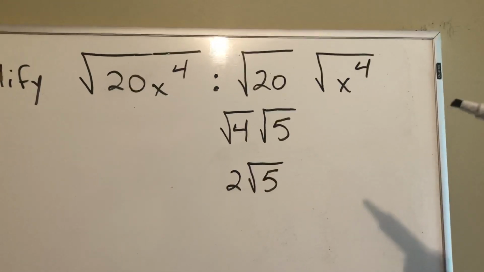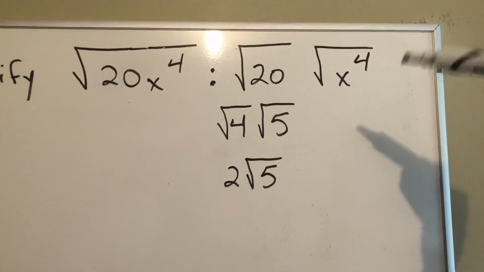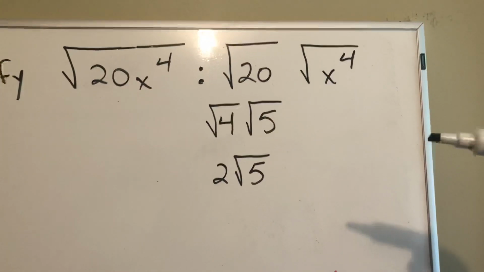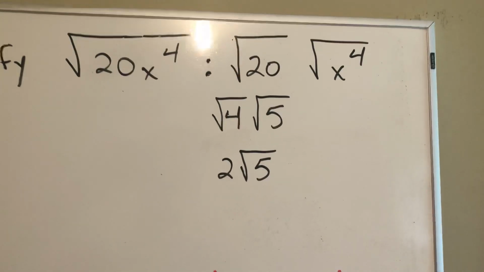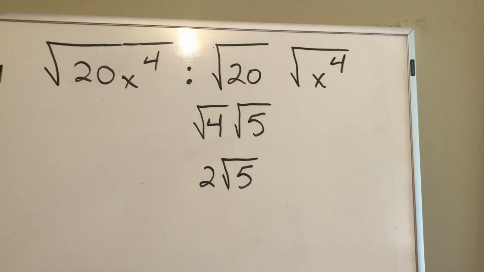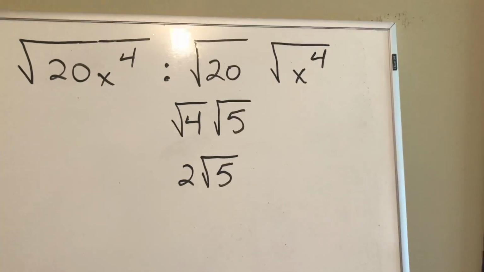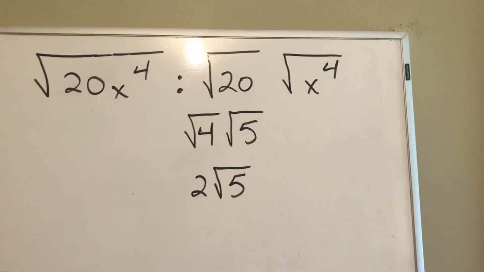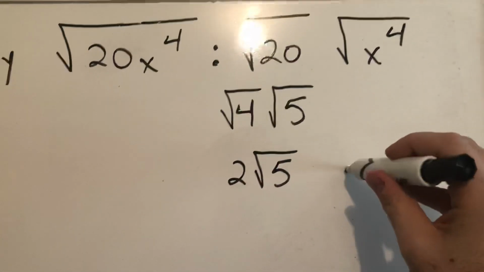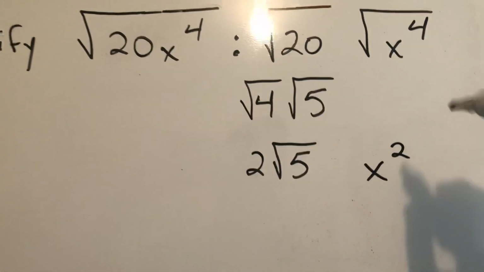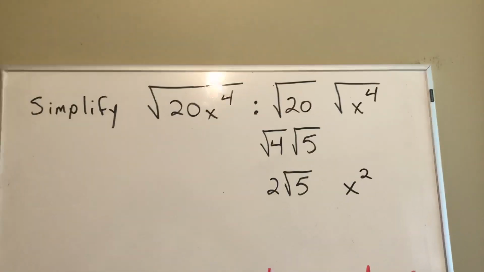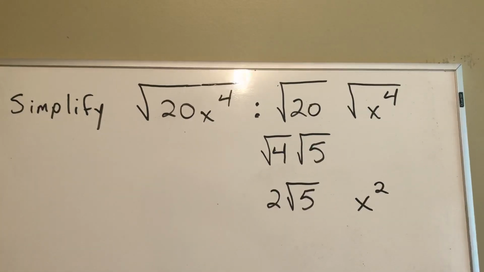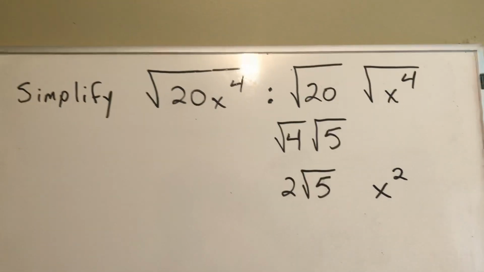Now to complete this problem, think about the square root of x to the fourth power. Is there a variable term multiplied by itself that would give me x to the fourth power? If you're thinking of x squared, you would be correct. If I had x squared times x squared, that would give me x to the fourth. That's our exponent rule with the same base. Add your exponents.